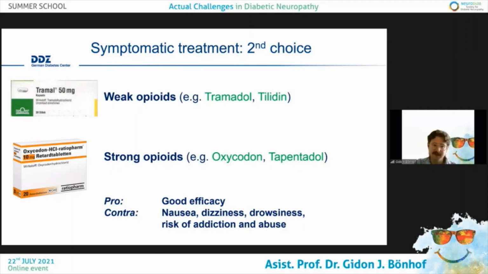So there are many patients that have diabetic neuropathy and also arthritis or arthrosis or nerve compression syndromes, and opioids are in many cases the best option those patients have. But you should really be careful to prescribe them because there's a great risk of addiction and abuse. And maybe you've heard about the opioid crisis in the USA, and we don't need another opioid crisis in Europe.